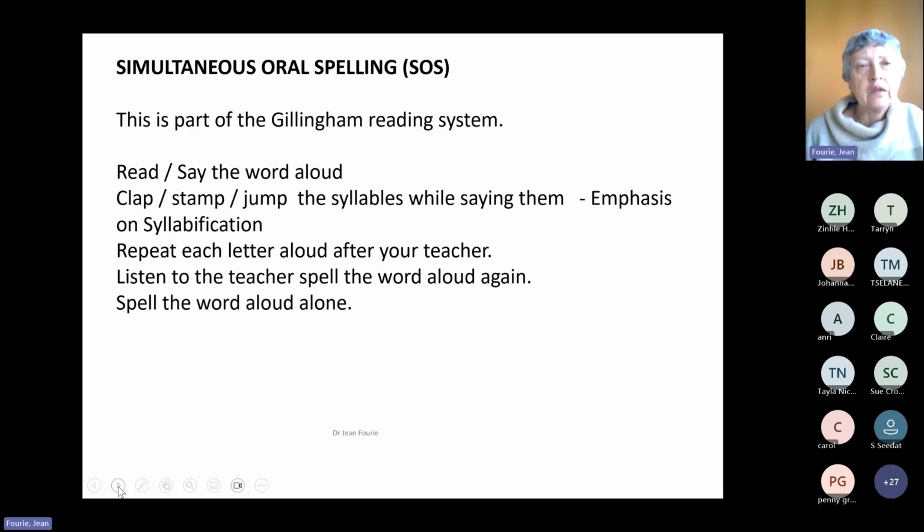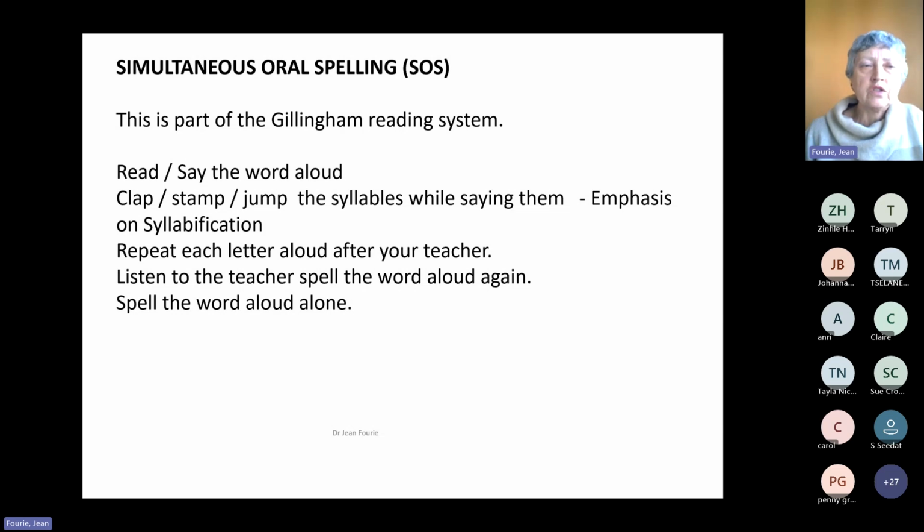So in this particular remedial strategy, you ask the child to read or say the word aloud. So the word must be said aloud. Then you syllabify the word.